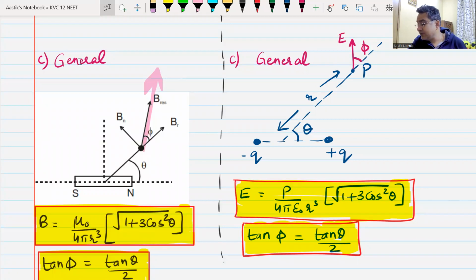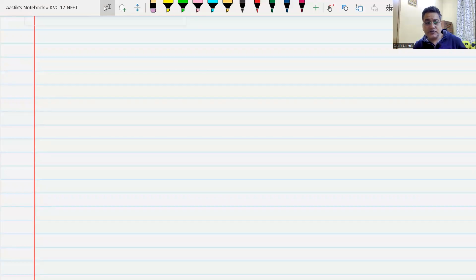Remember, the name of this chapter is magnetic effects of current. As soon as we understand that, it gives us an idea that magnetic field can not only be produced by a bar magnet, but it can be produced by a current as well.